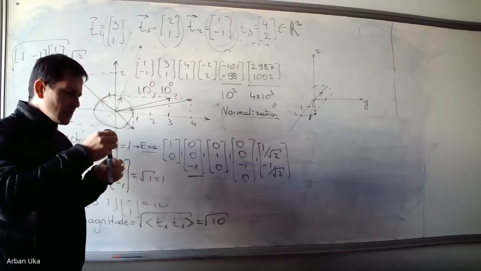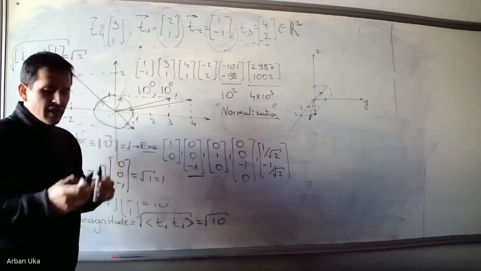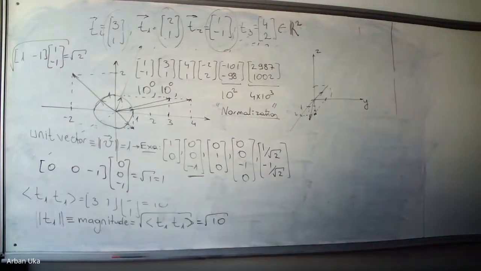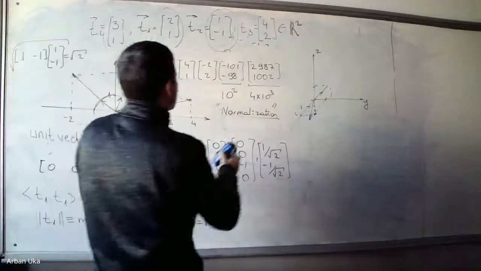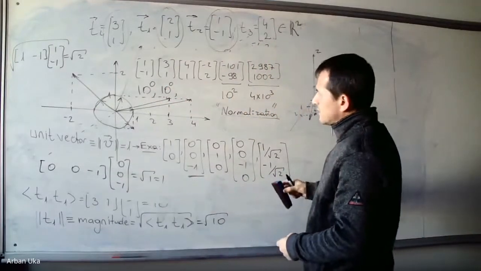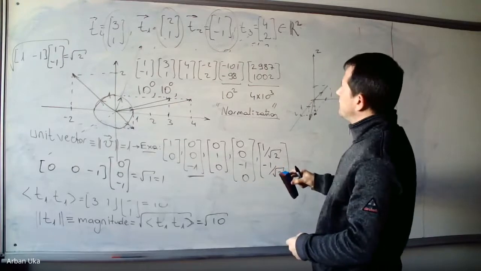So we understand what the normalization of these vectors is. How do we do this normalization? Let's come now to the definition.